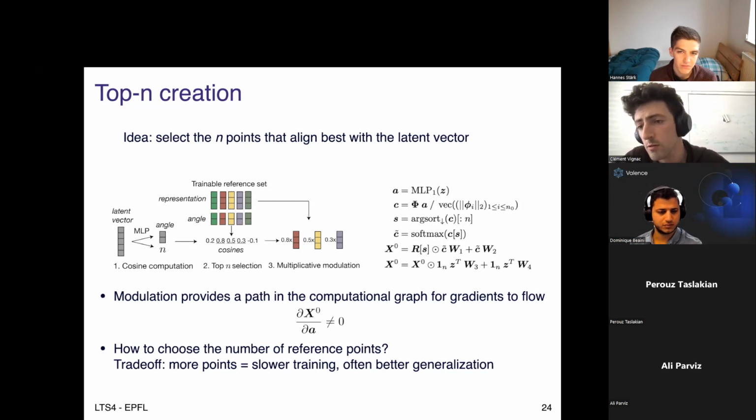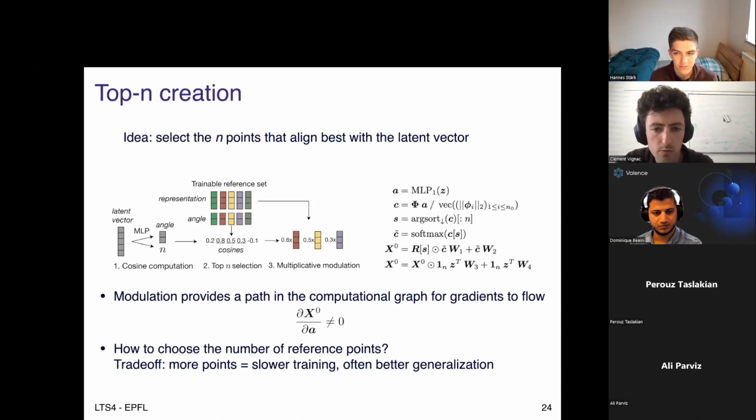So training is slower in this case, which makes sense. But having more points in the reference set is also a way to avoid overfitting. So there is a kind of trade-off. The value that I would start with is twice the maximal size in the data set. But honestly, it's a hyperparameter and it's not super easy to choose. Yeah, all right.